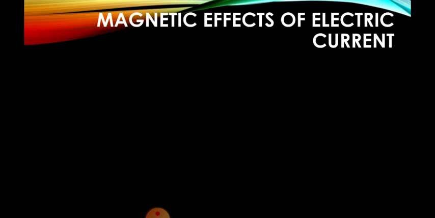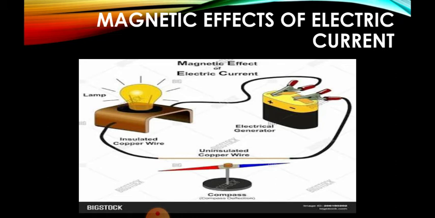For this, let us try to perform an activity. You will require an insulated copper wire. Then you require a magnetic needle, a key, a bulb and the electric cells or the battery, right? So the connection will look like this.